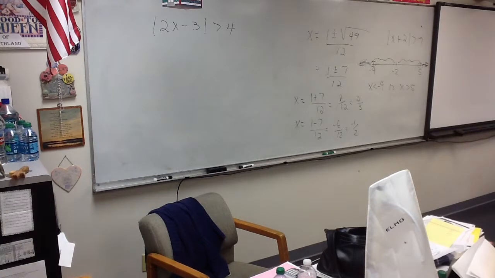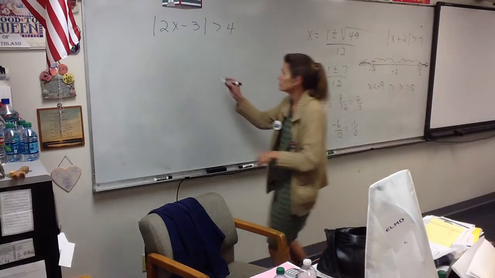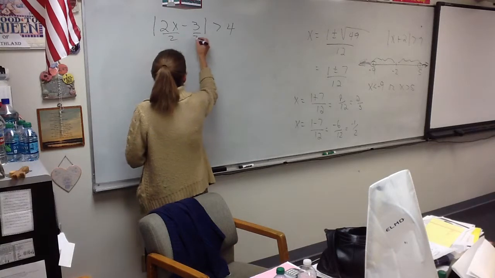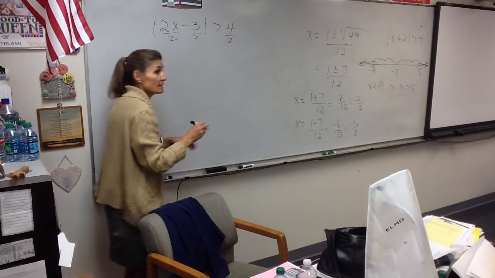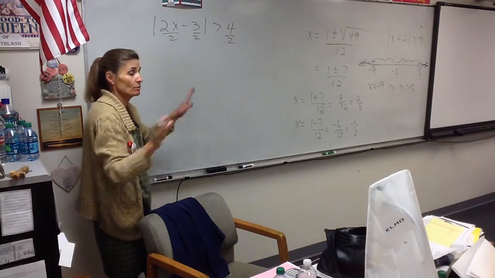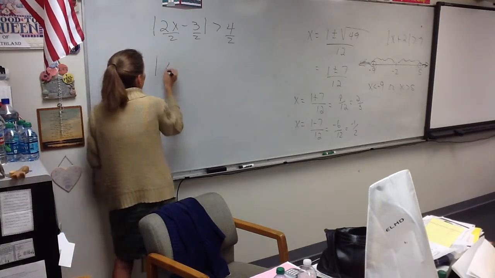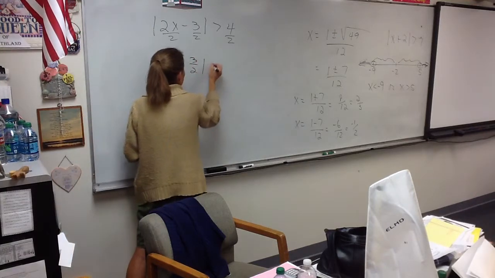In our notes, do you remember how we took care of that 2x? Divide by 2. Very good, Bryce. Divide by 2. And I have to remember, though, that I'm dividing everything by 2, right? So now my problem looks like this.